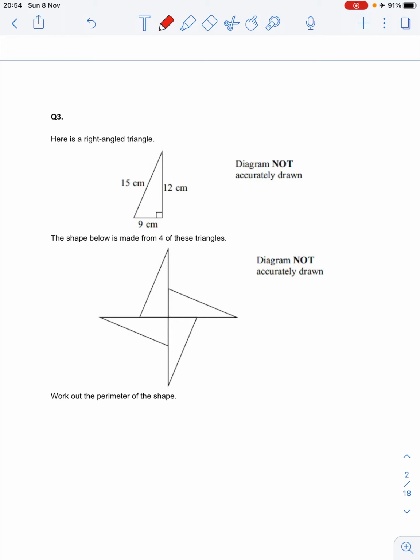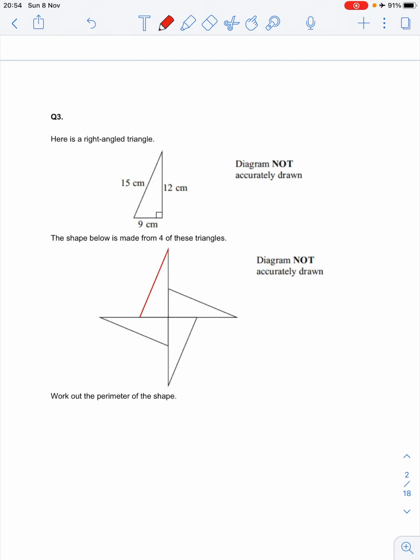Here is a right-angled triangle. The shape below is made from 4 of those triangles. The perimeter means we need to find the length around the outside. So this is the perimeter.